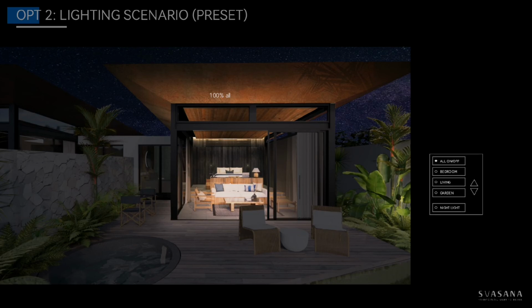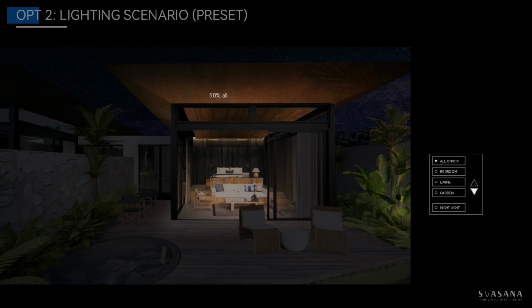First, we turn on all the lights. I say this is a scene for all on or off. When we press the switch, all of the lights will be at 100%. And this dimming button can be used to dim all the lights down or up as you wish.